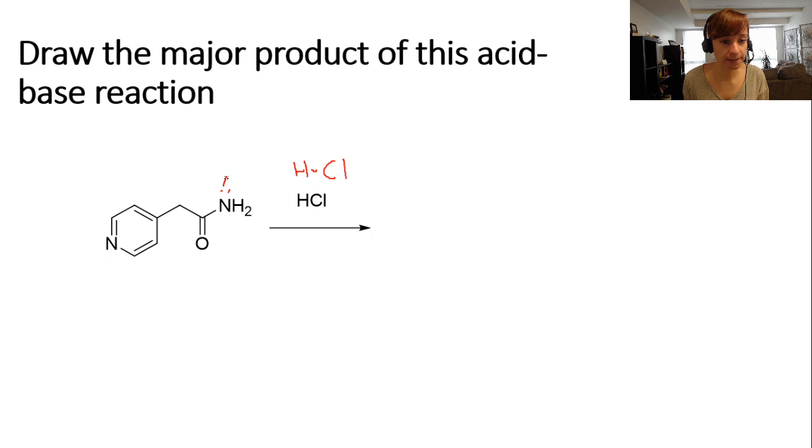So what's going to happen is that the NH is going to grab that proton and it's going to kick out chlorine at the same time. So our product ends up being charged. It's not neutral anymore. So it ends up being NH3. And now because nitrogen has 4 bonds, it's positively charged.